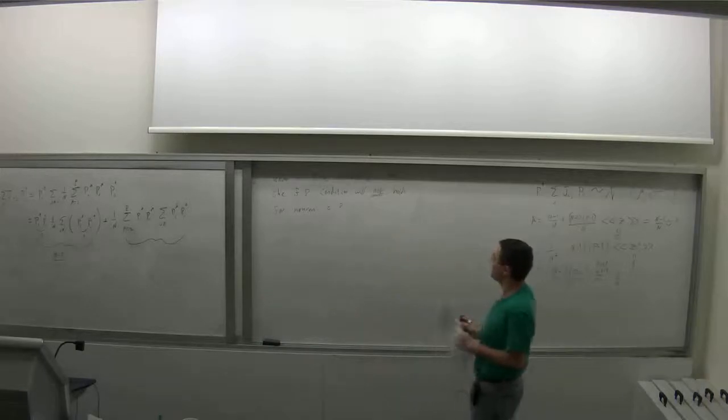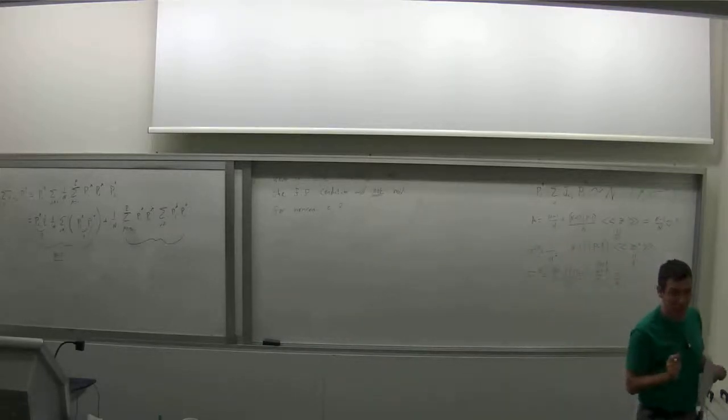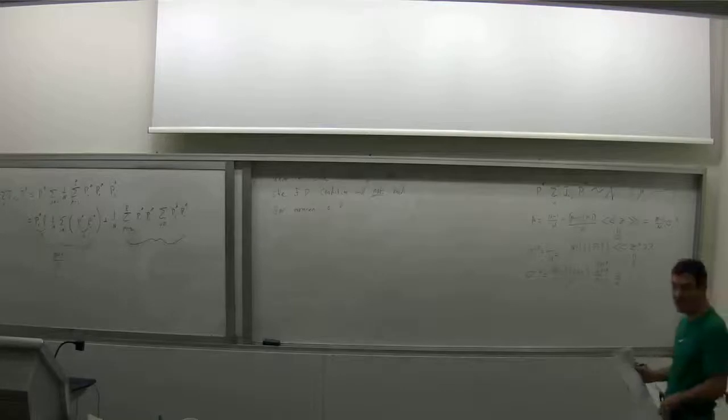So we're asking the question, what's the probability that the fixed point condition will not hold for a particular neuron I?